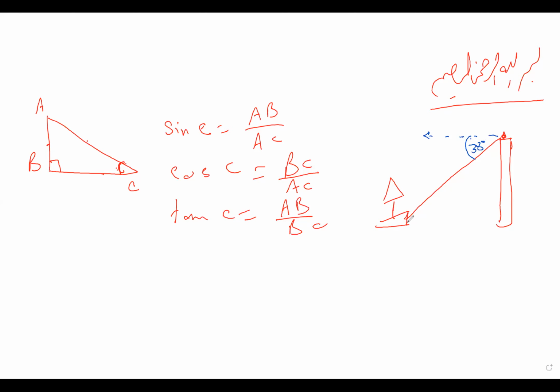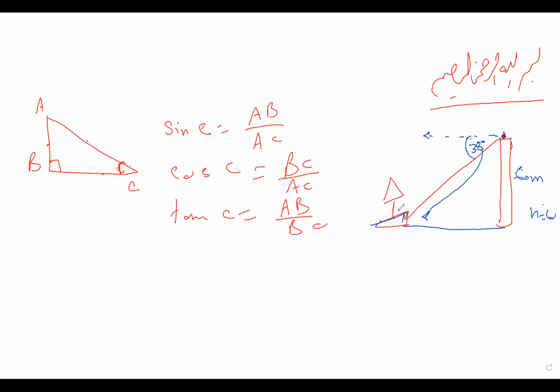If the height of this tower is 60 meters, how far is the boat from the base of the tower? Again, the tower height is 60 and the angle of depression the observer sees the boat at is 38. Okay, 38 equals 38 because this angle equals this angle, same measures.